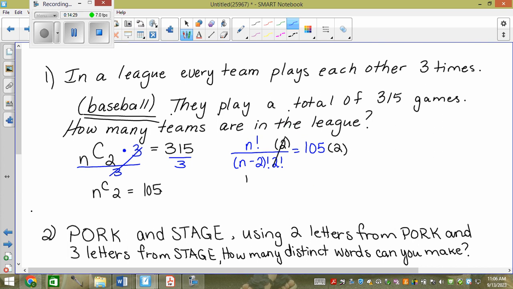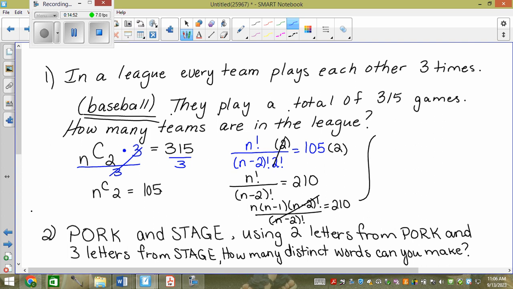So I get n factorial over n minus 2 factorial equals 210. And then I expand like we did the other one. n times n minus 1 times n minus 2 factorial over n minus 2 factorial equals 210. And I get n squared minus n minus 210 equals 0.